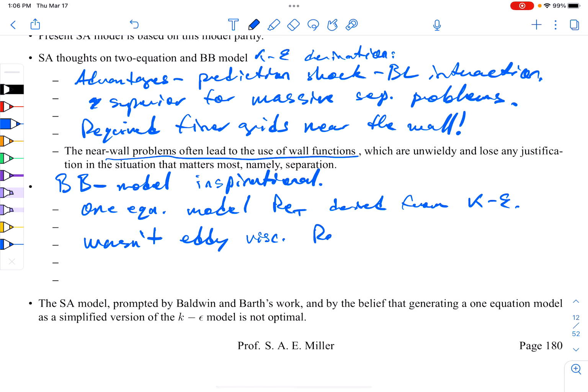It was RET. And RET isn't a very common one-equation model, and it's definitely not as physical as eddy viscosity. Eddy viscosity is something we just understand. You add it to your viscosity as a penalty for the flow in the momentum equation to model another state of the fluid as if it was turbulent.